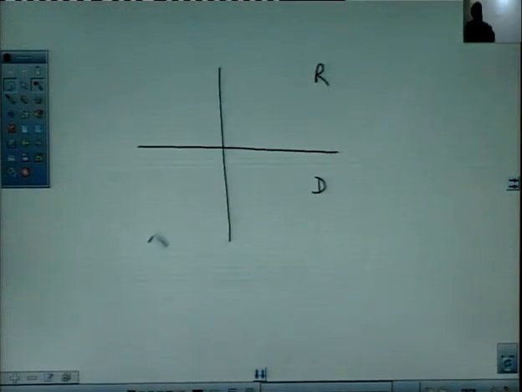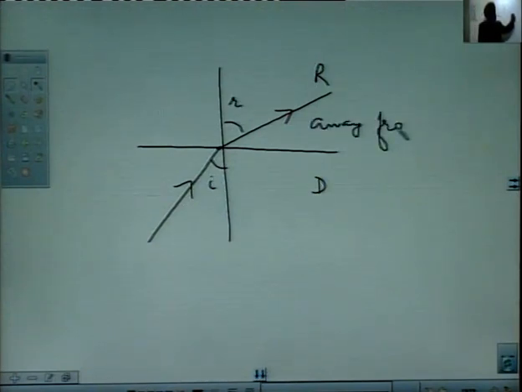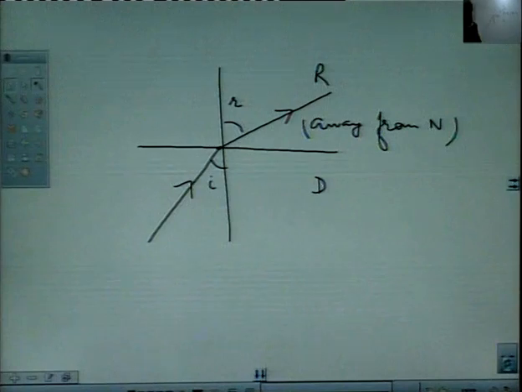On the other hand, if the light was traveling from denser to rare, then it will bend away from the normal. This will be I, this will be R. Now this is away from normal. So you must keep in mind whether the light is traveling from rare to denser or from denser to rare.